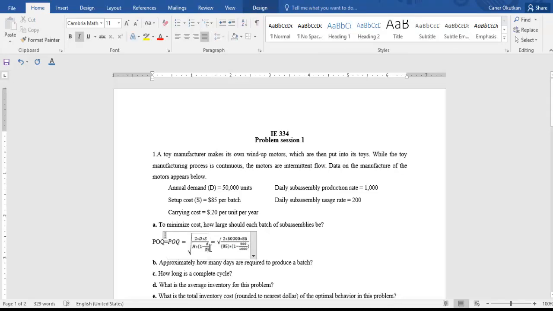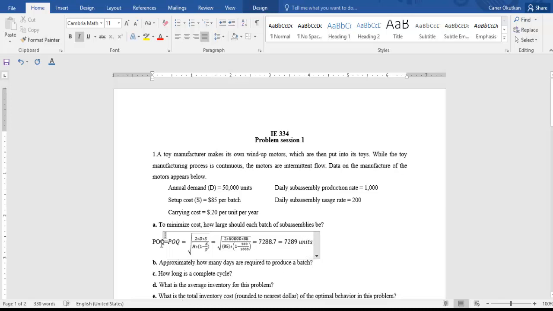Sorry, in this part we write it. Okay, so the formula equals 7,288.7, and equals 7,289 units.